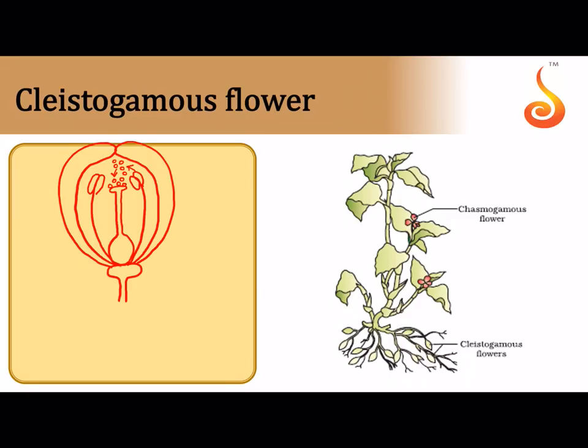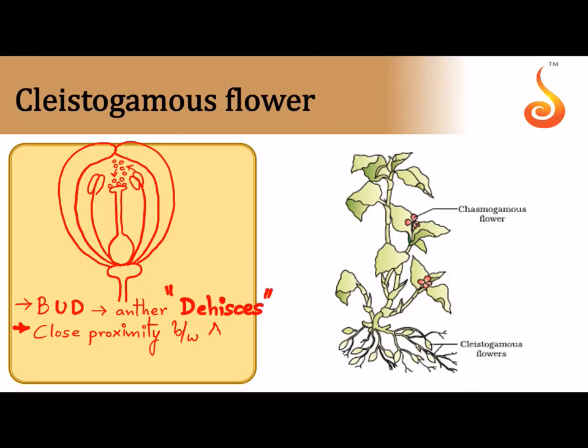That's why it is a means of what? It is a means of autogamy. So what you should remember here is, in the bud condition itself, the anther dehisces. And also you should remember close proximity between who and who? Close proximity between the anther and the stigma.